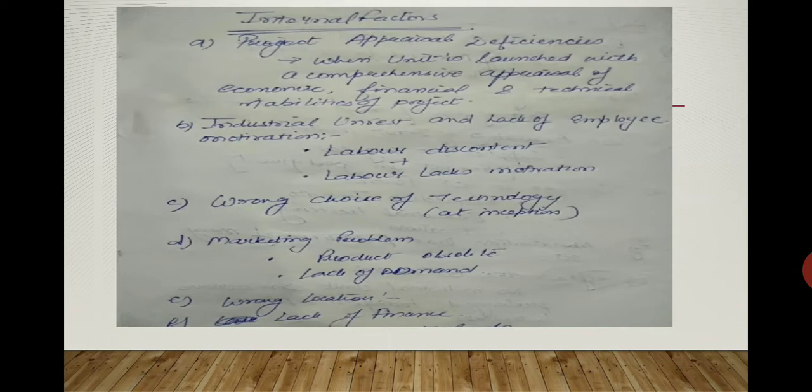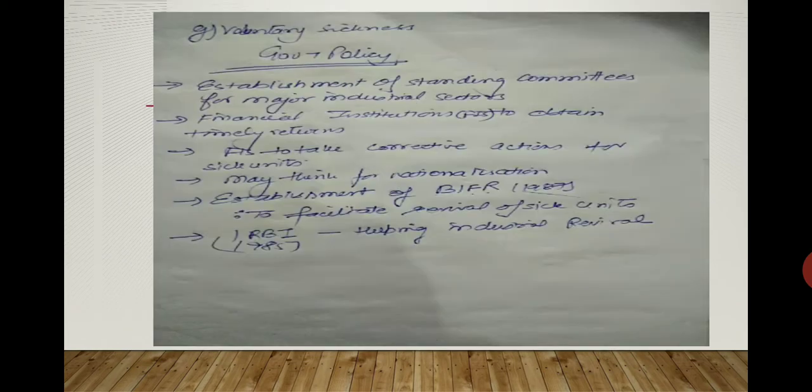Okay, fine, these are the factors that induce sickness in the industrial scenario. But what is the government policy in this regard? The government has already established various standing committees for major industrial sectors. Financial institutions have been instructed to give financial resources on time to the companies that require them, and for this purpose they obtain timely returns from the entities which are incurring losses and tend to be sick.